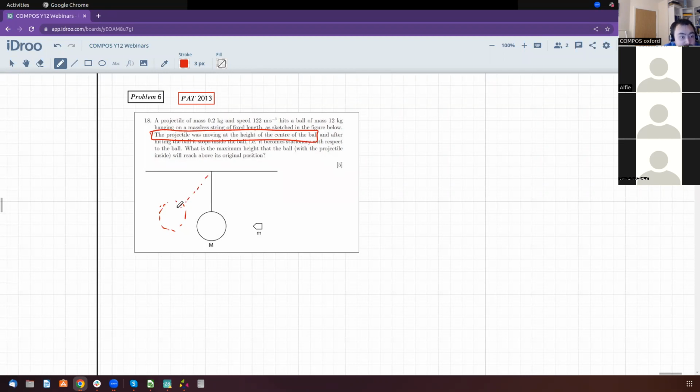So you have the potential energy of the ball, because it goes to a certain height, and using that height, you can work out the initial velocity of the bullet.